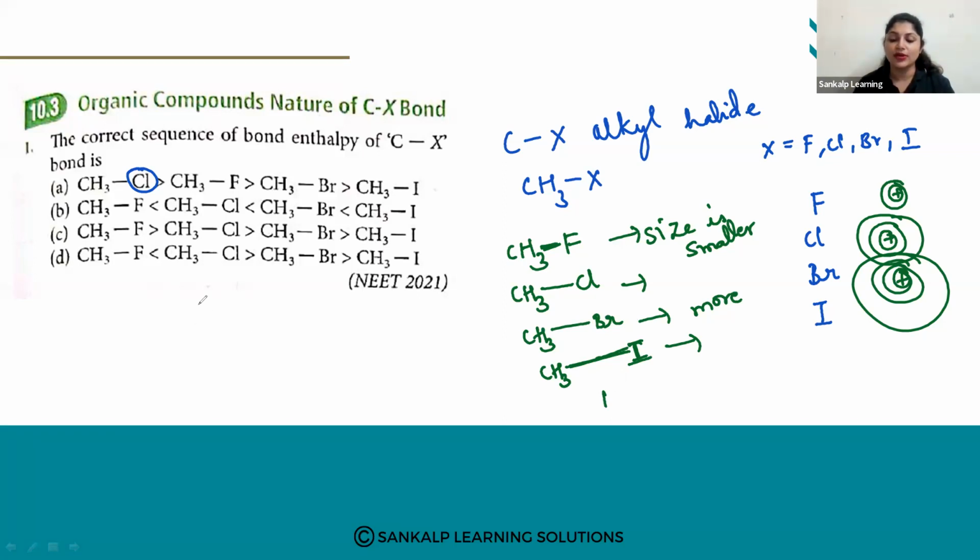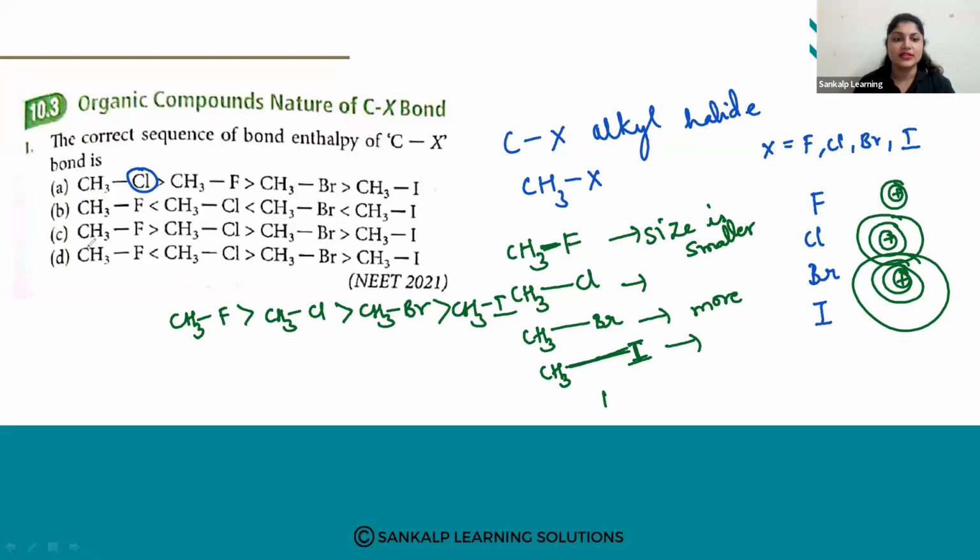The bond enthalpy will be: CH3F is greater than CH3Cl, which is greater than CH3Br, which is greater than CH3I. So which is our correct option?